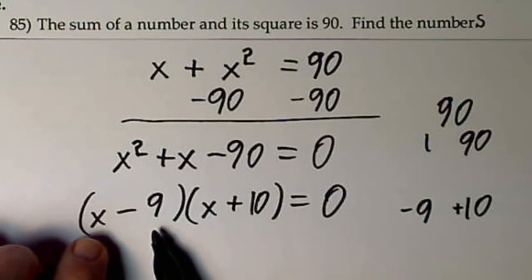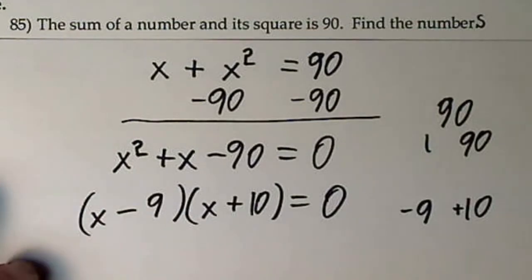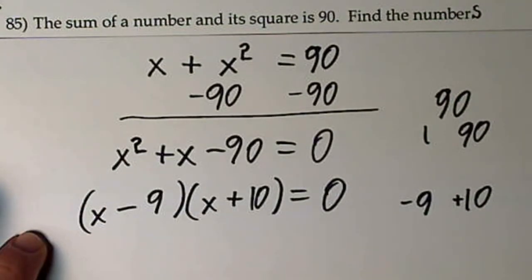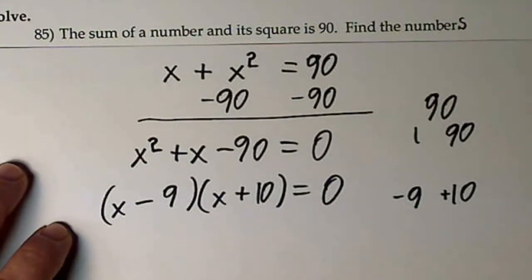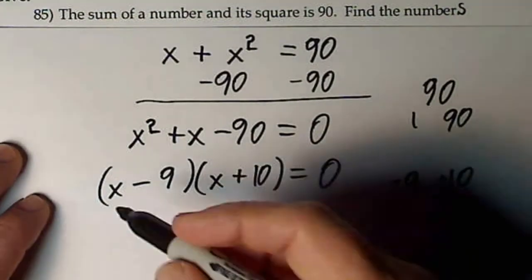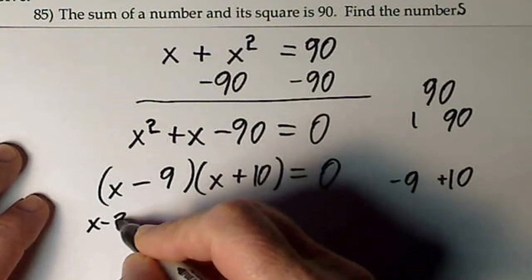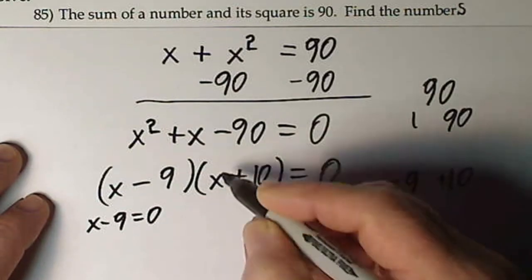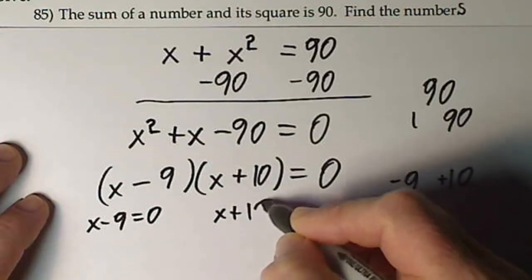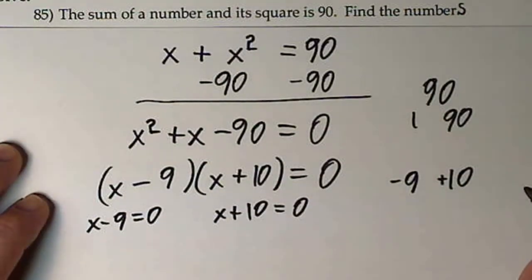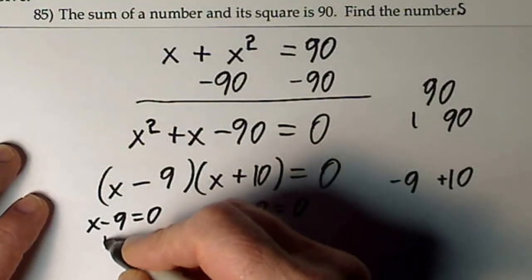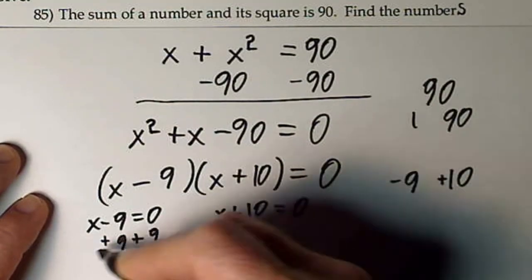We can take this, set it equal to 0, take that, set it equal to 0. Okay, I'm going to have to zoom out a little bit here. So if you have x minus 9 equals 0, or x plus 10 equals 0, get rid of your 9, plus 9, plus 9.